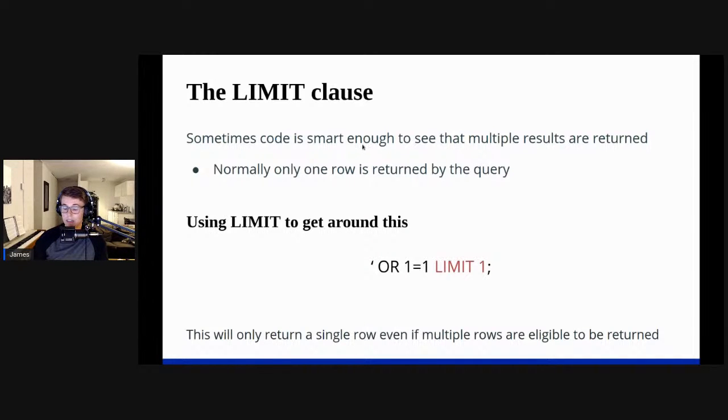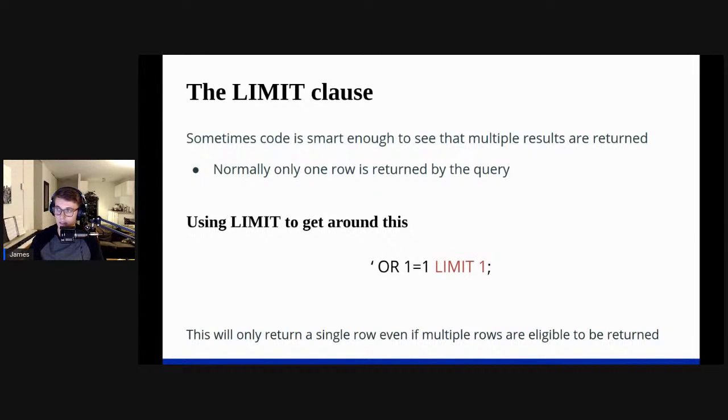In the typical situation, when you log in as a user, only one row will be returned, right? Because if more than one row is returned, that doesn't make sense, since you're only trying to log in as one user. So the website might be smart enough to say, wait a minute, that shouldn't have happened, and it'll block you out.